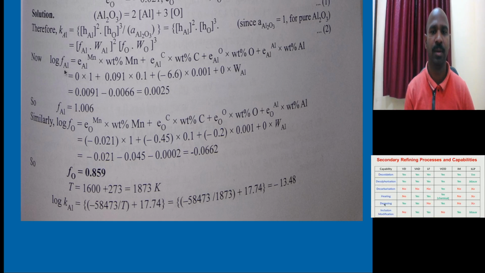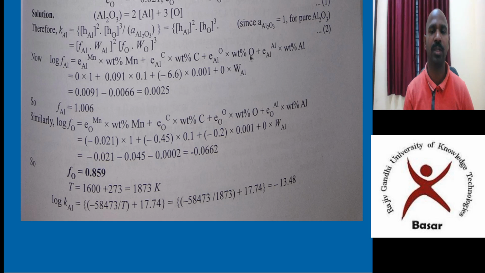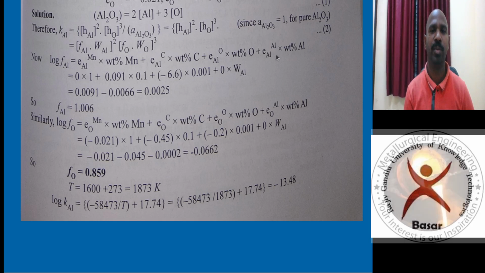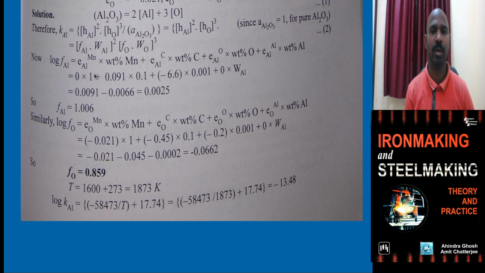The Henry coefficient of aluminium is given by the interaction parameter of aluminium with manganese times weight percentage of manganese, aluminium with carbon times weight percentage carbon, aluminium with oxygen times weight percentage oxygen, and aluminium with aluminium times weight percentage of aluminium. We know manganese, carbon and oxygen, and we do not know aluminium. The interaction parameters are also known.